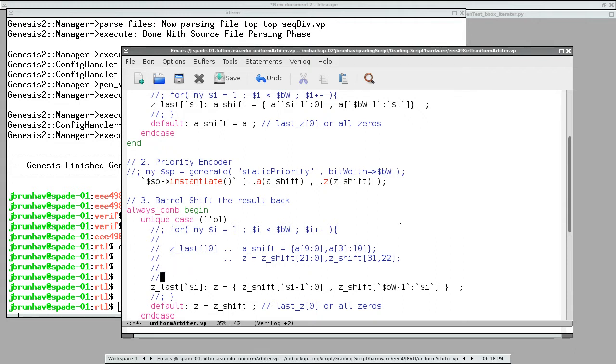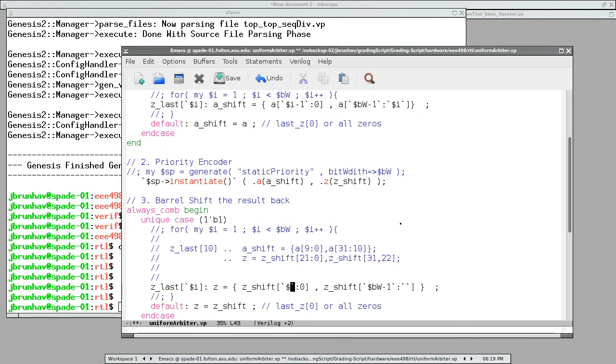So let's delete the ones that we aren't sure of and then keep the ones that we are. So this stays 0. This stays BW minus 1. So these two fields are the ones that changed. So 21 is roughly BW minus 1 minus i.